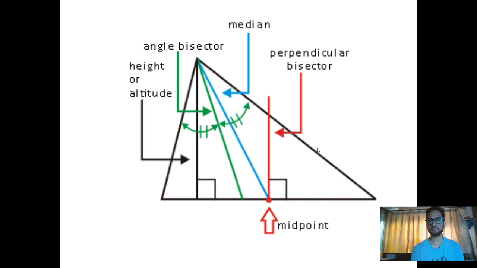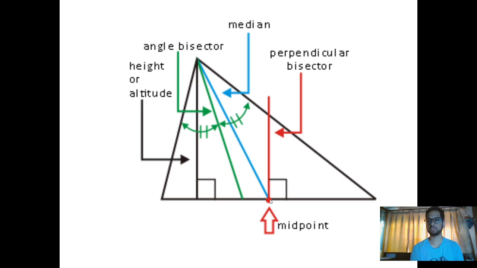This is a triangle, and if we see only this red line, then this red line passes through the midpoint of this base. If we see this red line, it goes directly from the midpoint. Hence, it is known as the perpendicular bisector. It is perpendicular to this base.